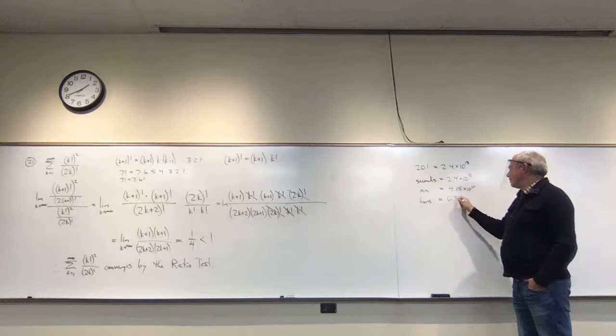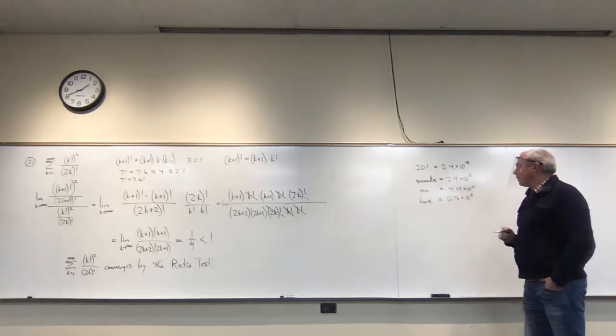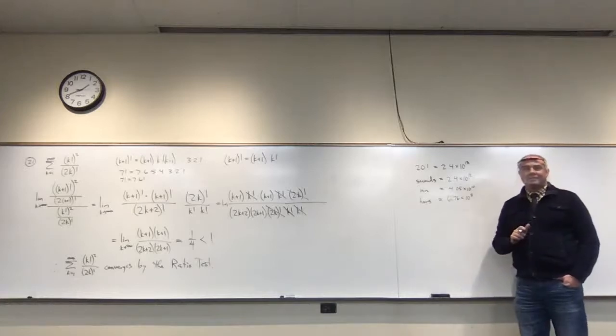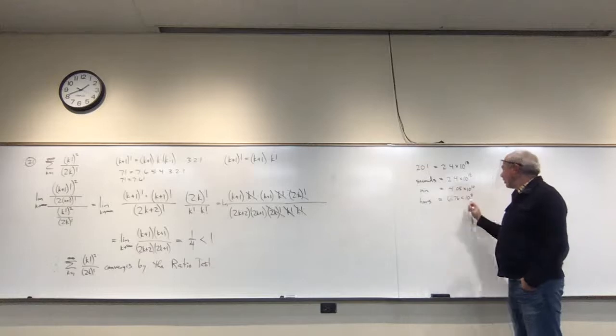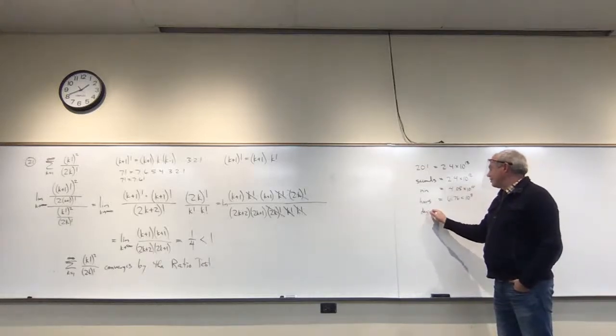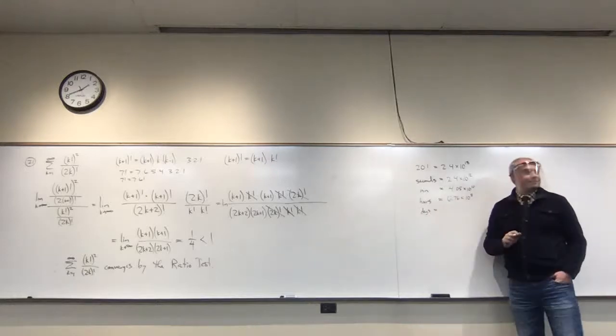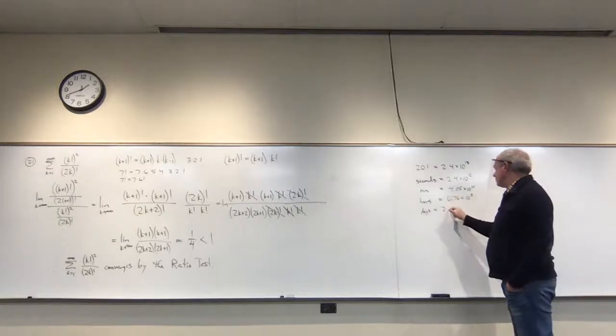6.76 times 10 to the 8. Okay, how many hours in a day? I guess 24. So let's divide that by 24. What would it be? 2.82 times 10 to the 7.